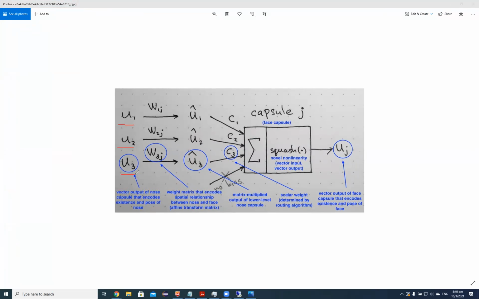It's a vector, and after we apply some weights, it becomes U hat, the vector output of a nose capsule that encodes existence and pose. So it's the output of a capsule, and the weight matrix can encode the spatial relation between nose and face.